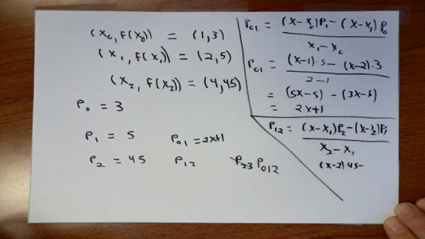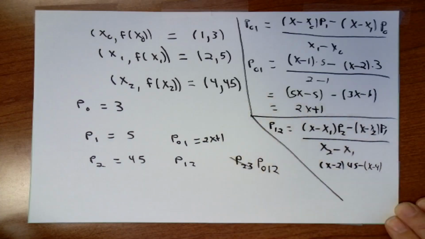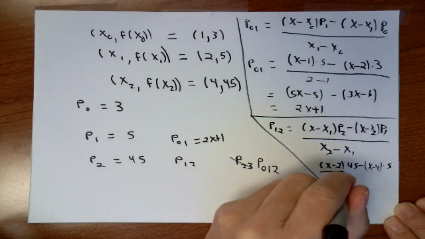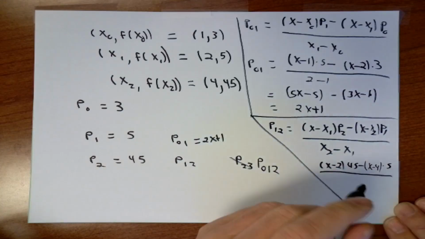I'll have to subtract away x minus x2, x minus 4, times P1, which is 5. Then divide by x2 minus x1, that would be 4 minus 2.